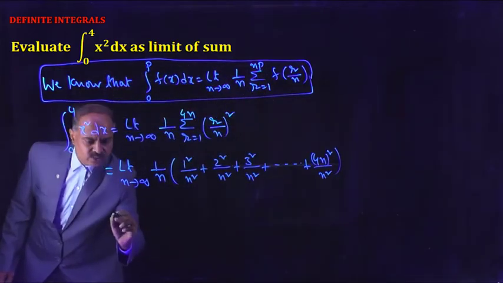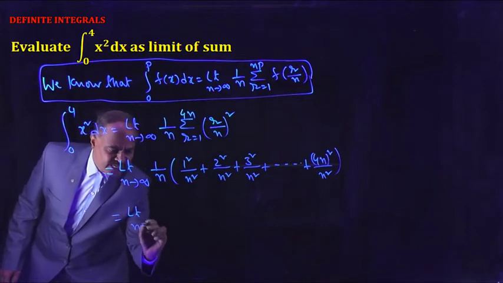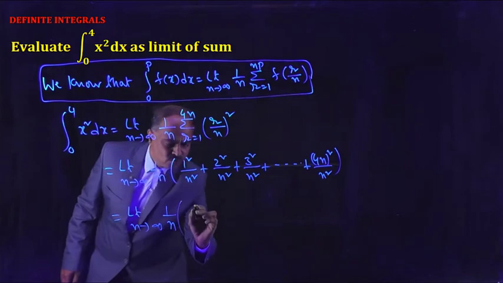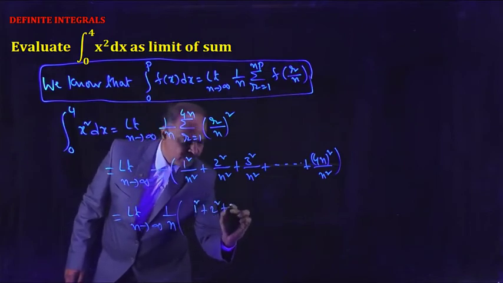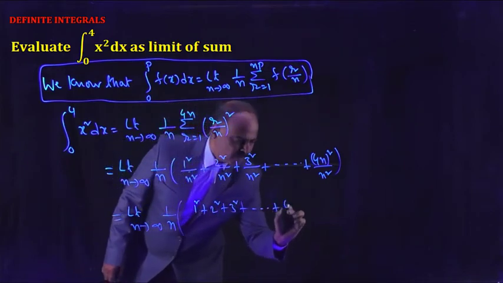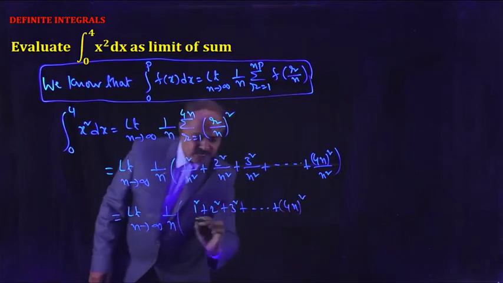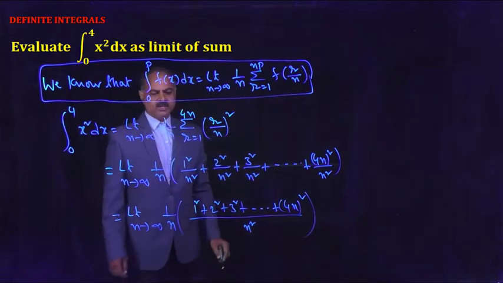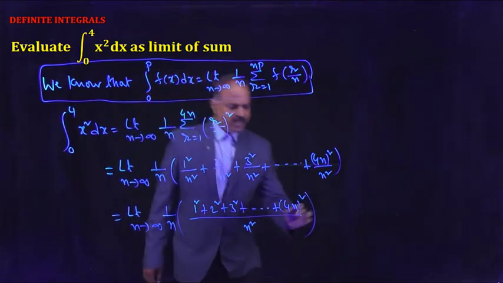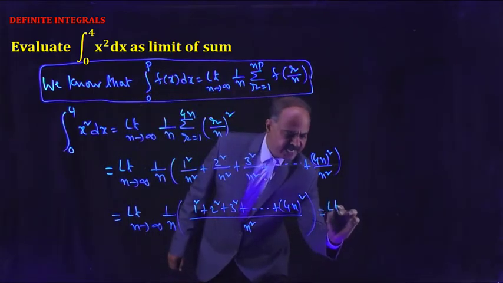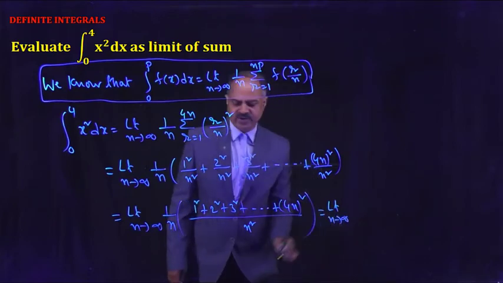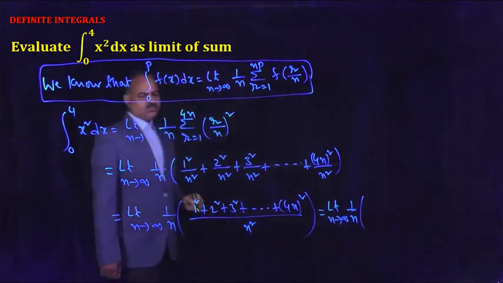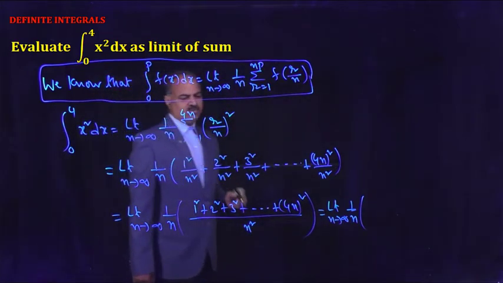Now this is equal to limit n tends to infinity 1 by n square into (1 square plus 2 square plus 3 square and so on plus (4n) whole square).